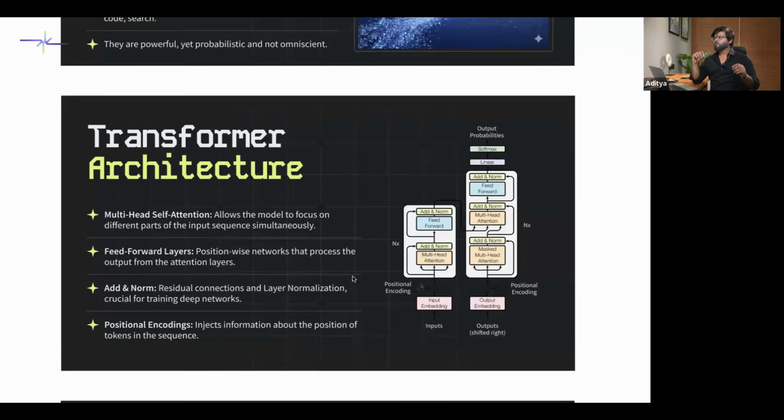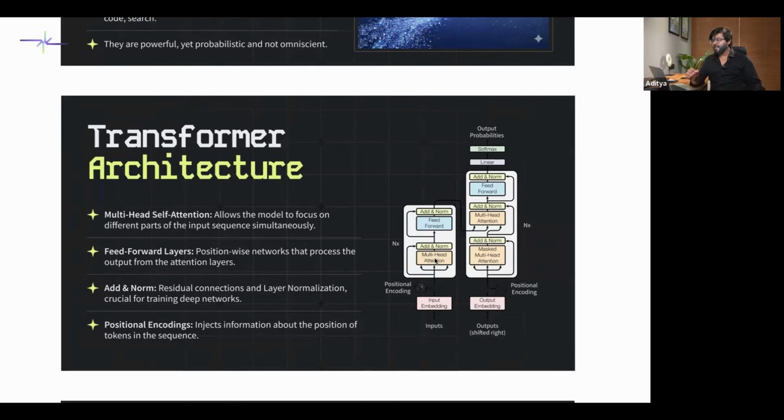We have already given an idea and understood multi-head attention to a certain extent. But what is it doing? You can see the multi-head attention coming here. It's important to understand that it allows the model to consider multiple interpretations of the context simultaneously.